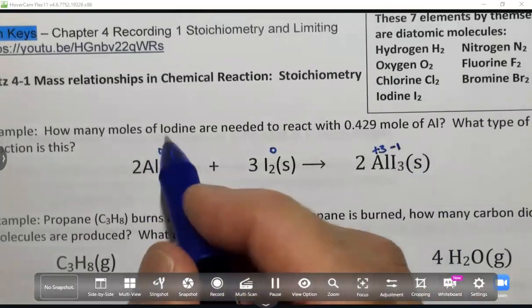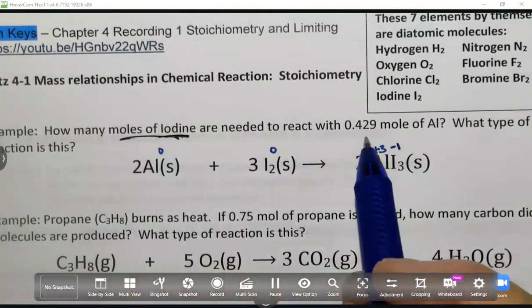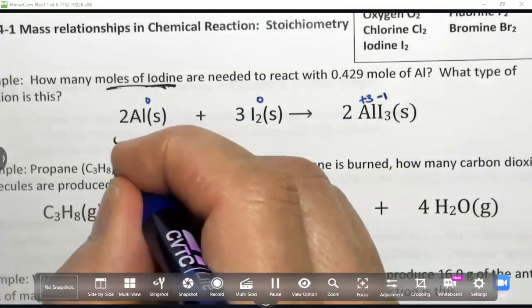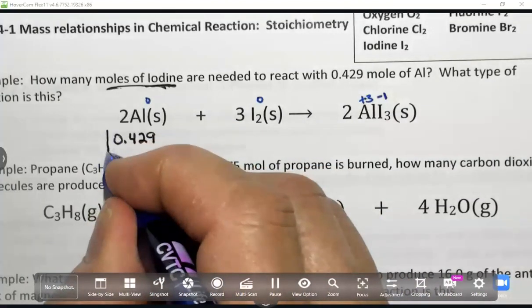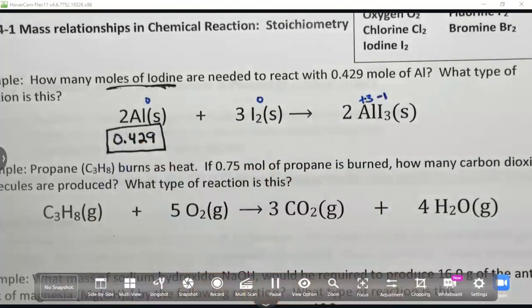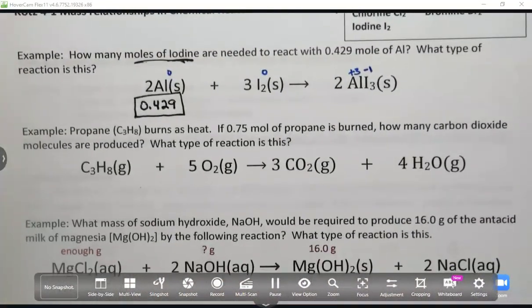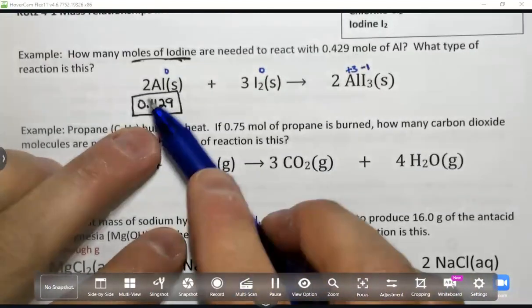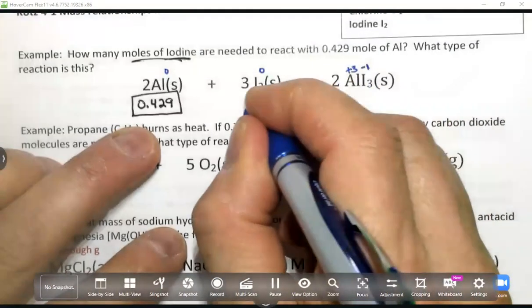So it says how many moles of iodine react with 0.429 moles of aluminum. 0.429 moles right here. Put it down here. 0.429 moles. I want you to put a box around it. We put a box around it because we know that's our starting moles. Now, how many moles of iodine are needed with a 2 to 3 ratio? Anything else I figure out from my starting moles, I put it in an oval for moles.